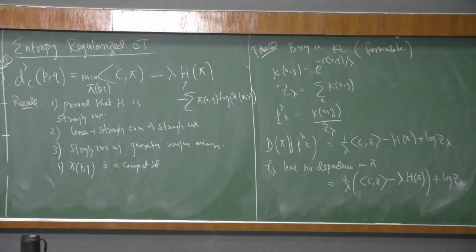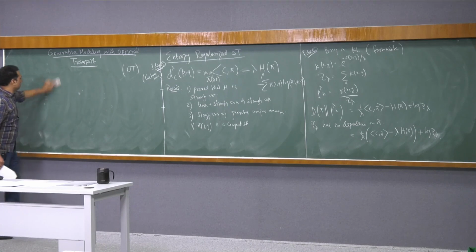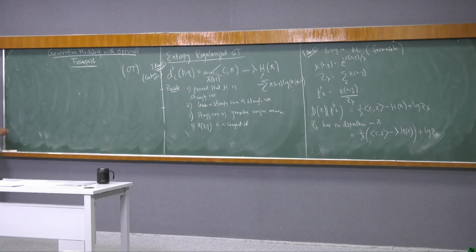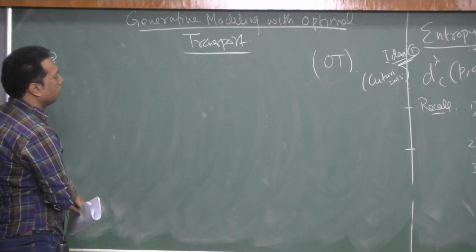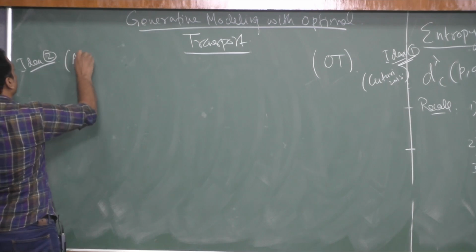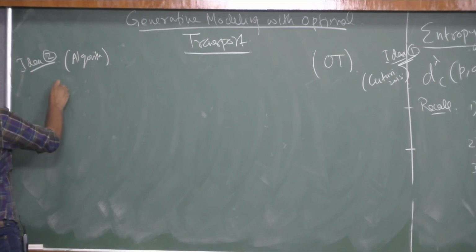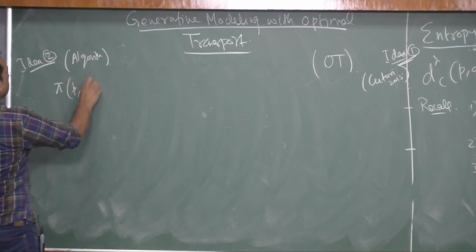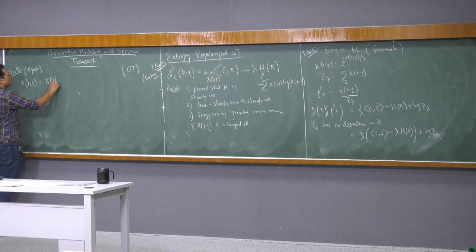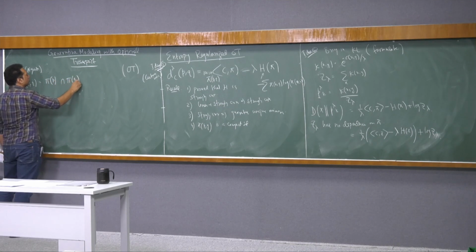Hence we break this set as an intersection of two convex sets. In fact, those are affine, because the pi p and pi q constraints are affine constraints. So now you see this set pi p q as an intersection of p and q.